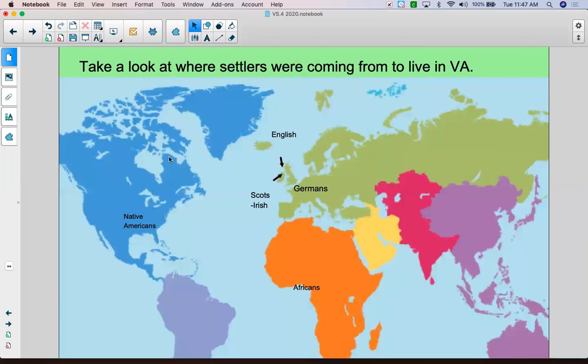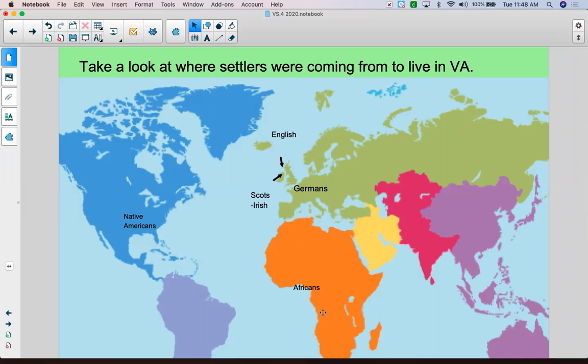All right, so let's look at this map. So here is the United States. What is the United States today? And if you remember, Native Americans were living all throughout Virginia. All right, if you came about right here, you would have Virginia. And Native Americans lived all throughout Virginia before the English colonists came.